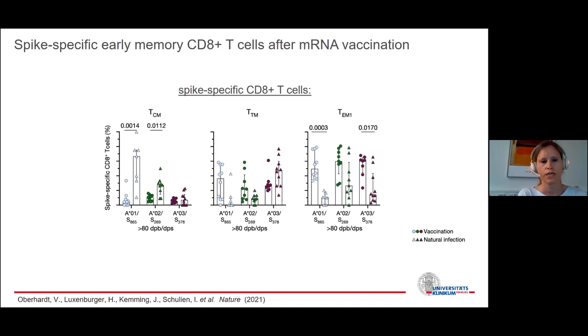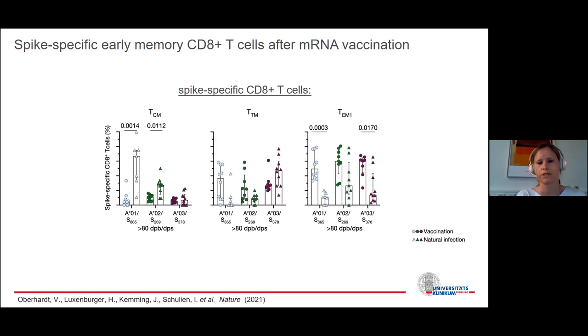And we could detect some differences in the subset distribution. Subset distribution means we have different subsets of memory T cells with different functional capacities and migratory features. So here it is depicted for the central memory cells that express CCR7 and can therefore locate to the lymphoid organs.